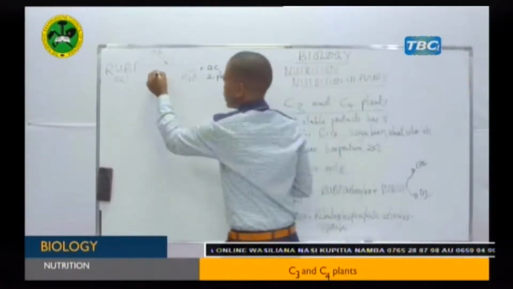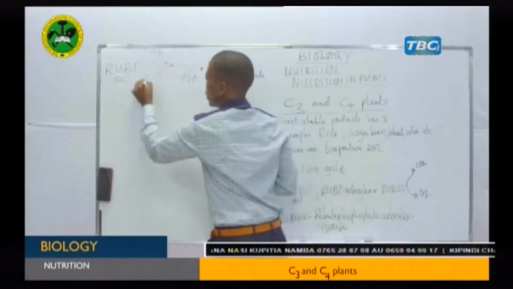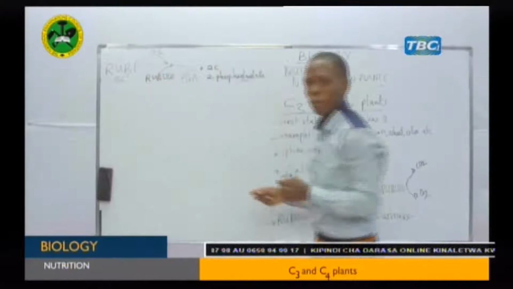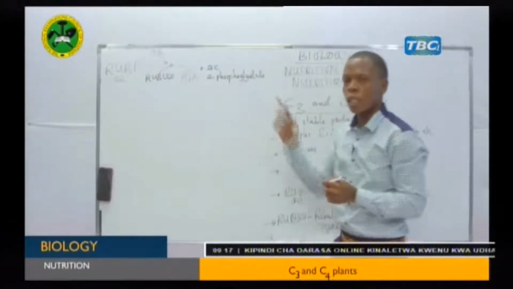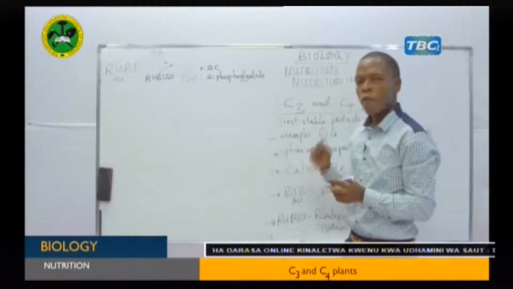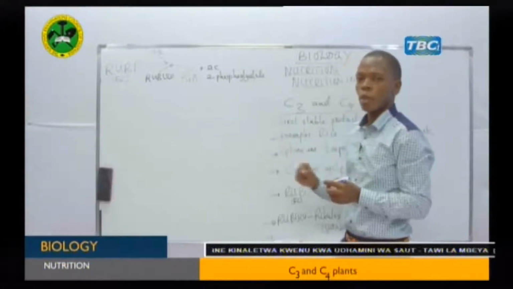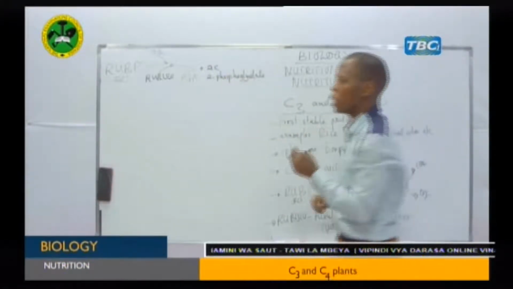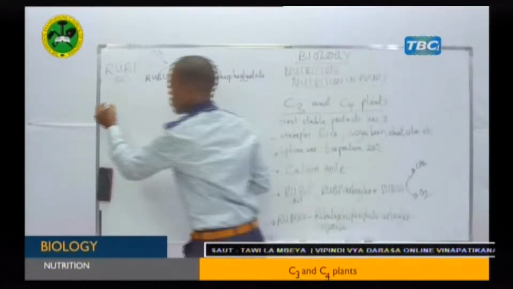This reaction is catalyzed by the enzyme known as rubisco. The process in which rubisco fixes oxygen to RuBP to form a 3 carbon compound and a 2 carbon compound, we call photorespiration.